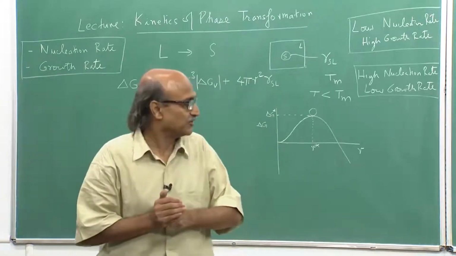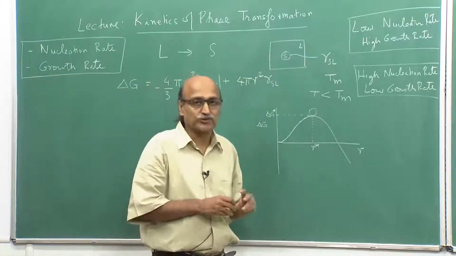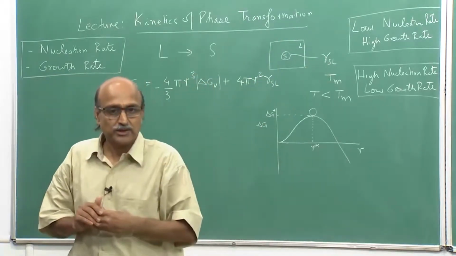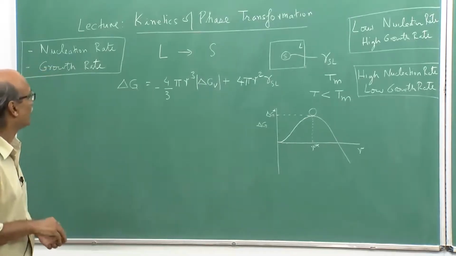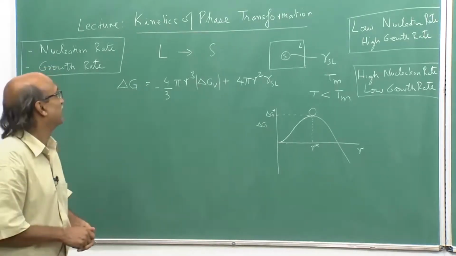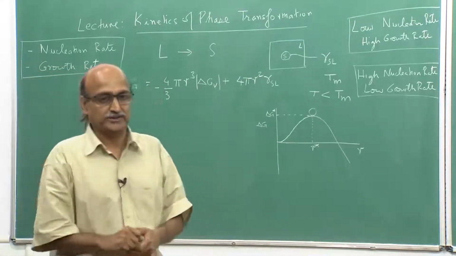So by controlling nucleation rate and growth rate, we can then control the properties of the material. And that is one of the crucial reasons why we need to understand the kinetics of phase transformation in great depth.